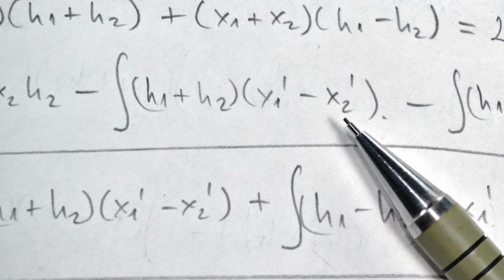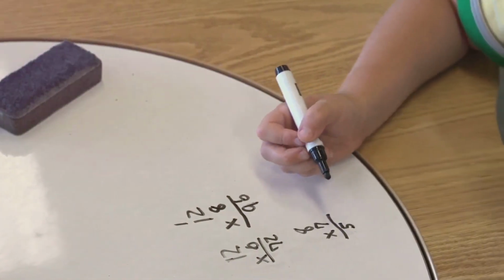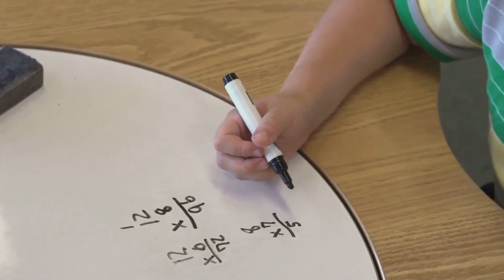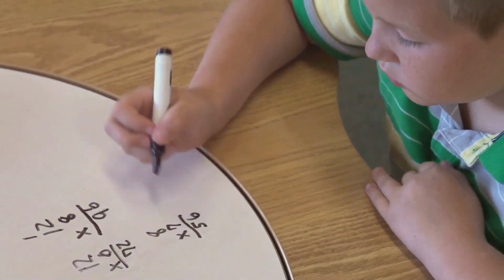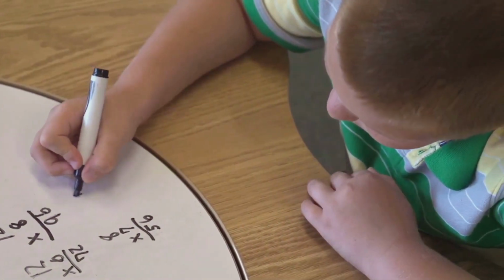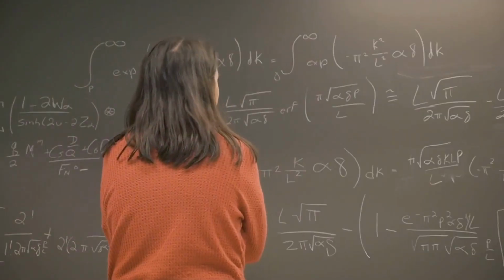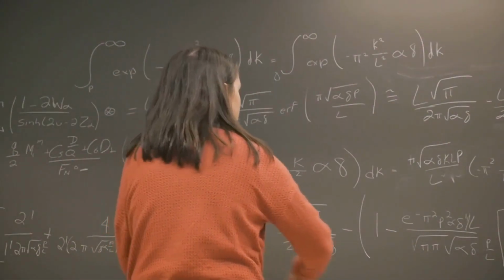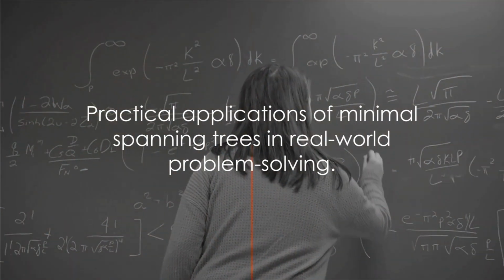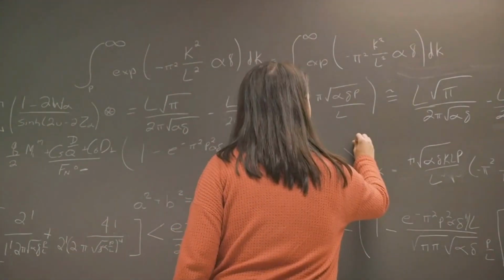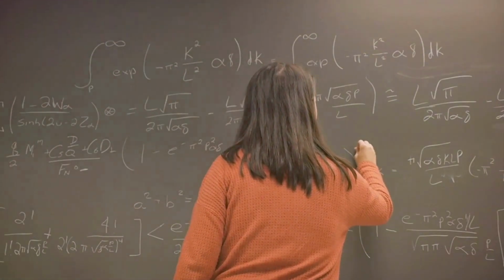We then applied this concept to solve minimal connector problems, a process that demonstrates the practicality of this mathematical theory. Understanding these concepts and the process not only enriches our mathematical knowledge, but also equips us with tools that can be applied to real-world scenarios. Remember, a minimal spanning tree is not just a concept in mathematics, but a practical tool for solving real-world problems.